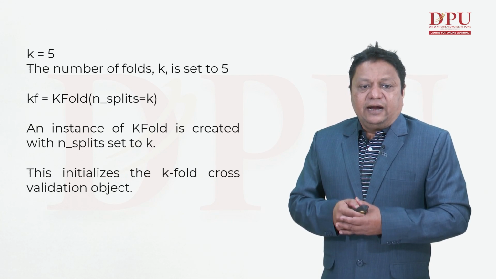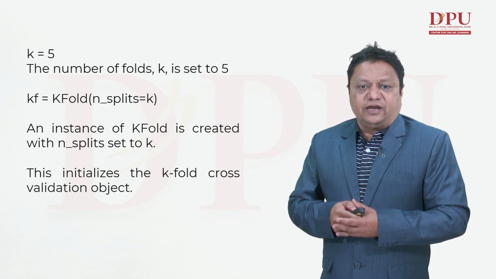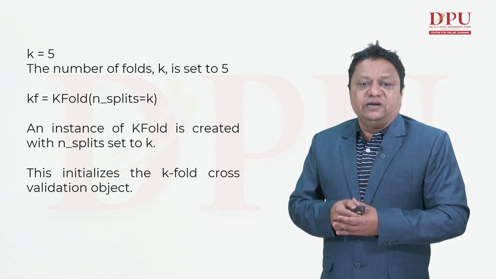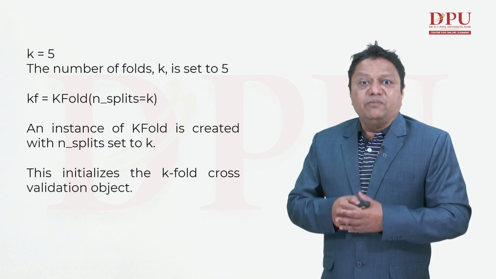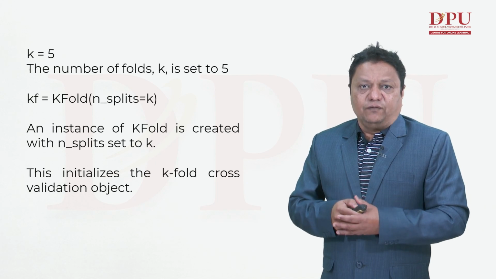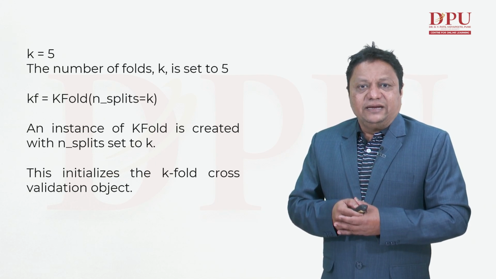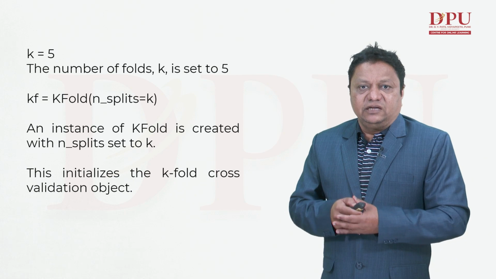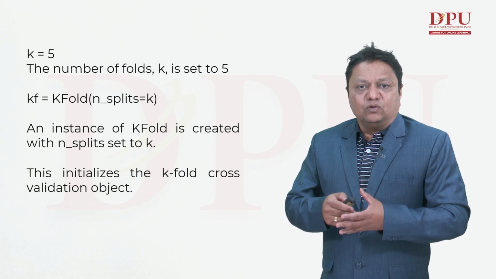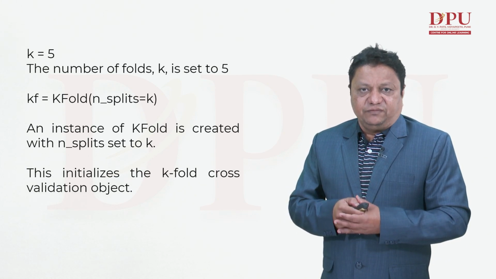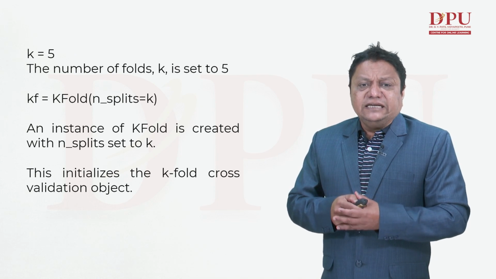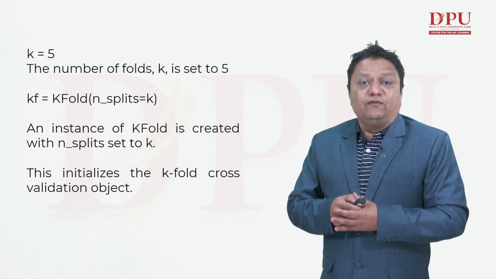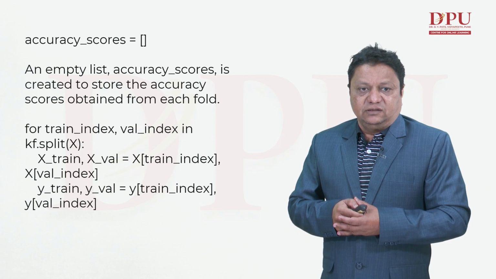So, here I am creating an instance of KFold with n_splits set to k, that is nothing but 5, and this initializes the K-fold cross validation object.